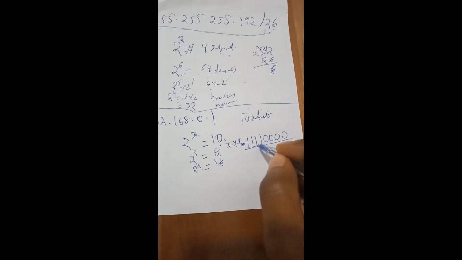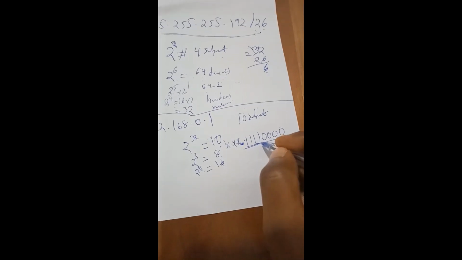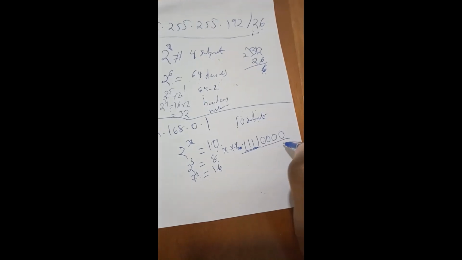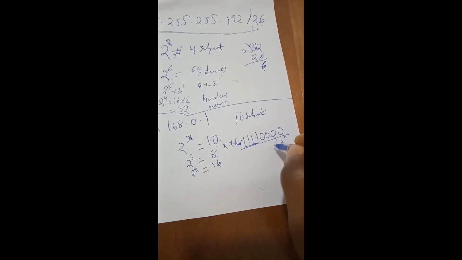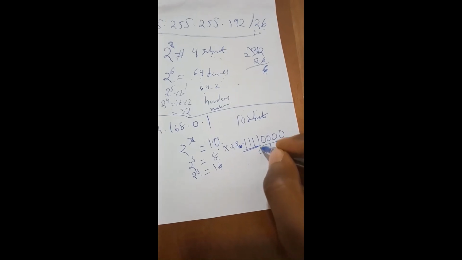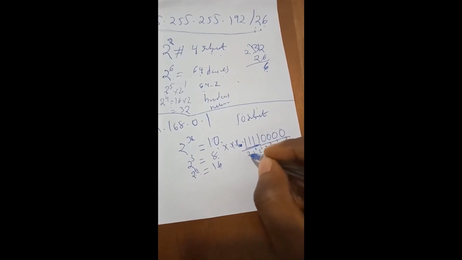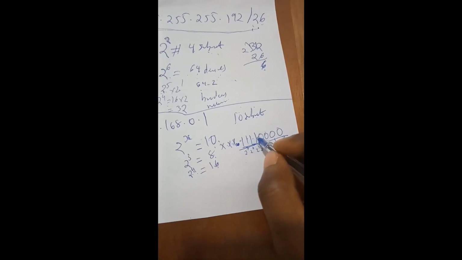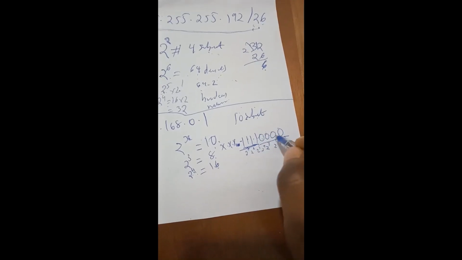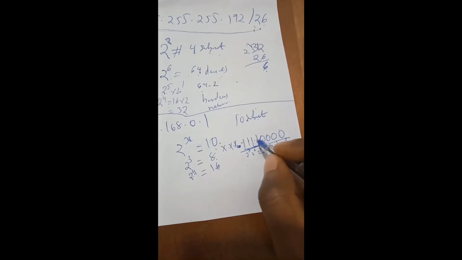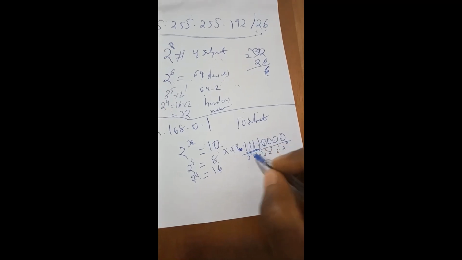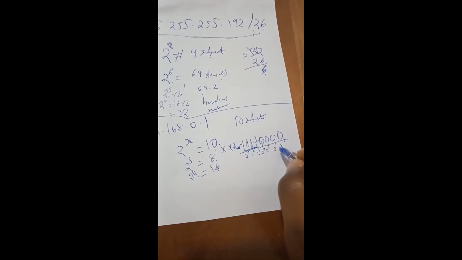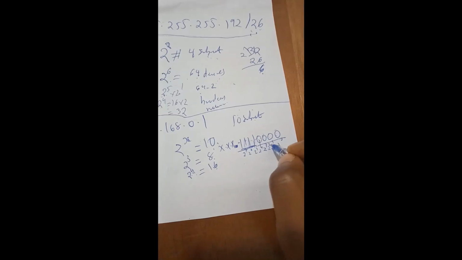So what is going to be the new subnet mask for this? We start with 2 to the power 0, 2 to the power 1, and so on up to 2 to the power 7.